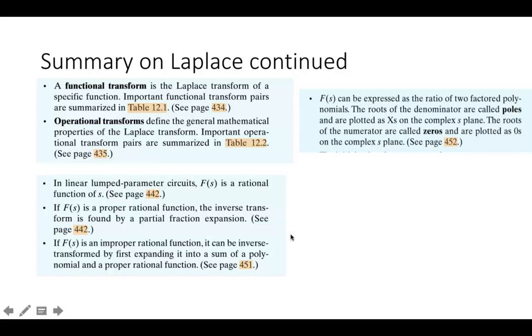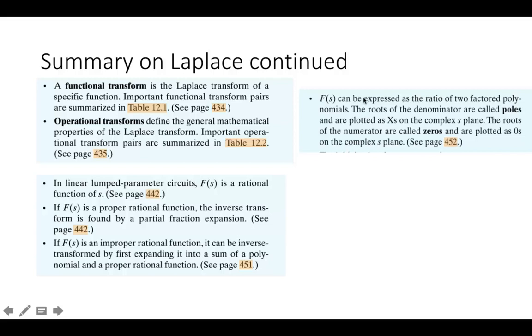If it's an improper rational function, you inverse transform that first by expanding it into a sum of a polynomial plus a proper rational function. In other words, you divide the denominator into the numerator in order to be sure that in your fractional term you have a proper rational function.